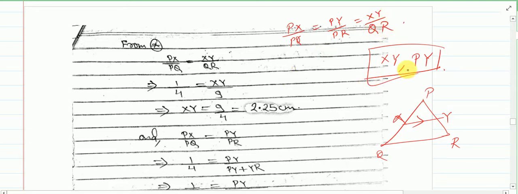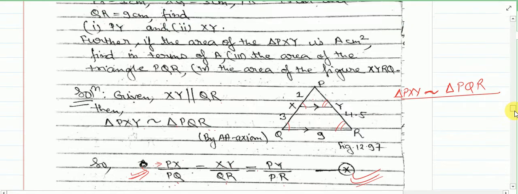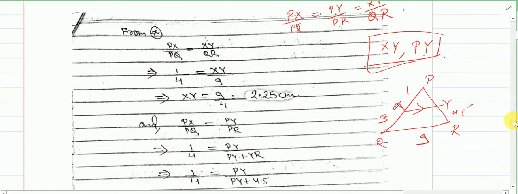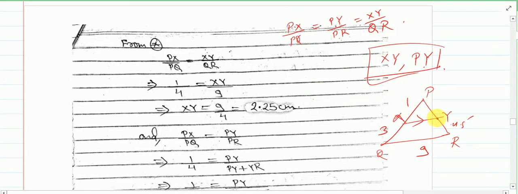Okay. Now we have to look for Xy and Py, and already this is given 1, this is given 3, this is given 9, and Yr is, I have to check that, Yr is 4.5. Okay, so we are looking for Xy.